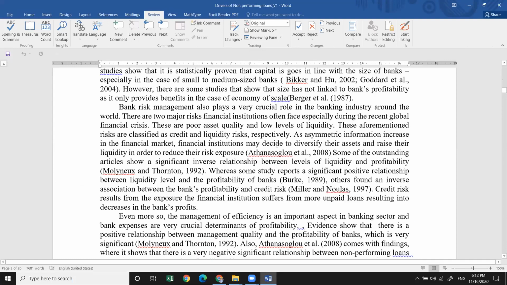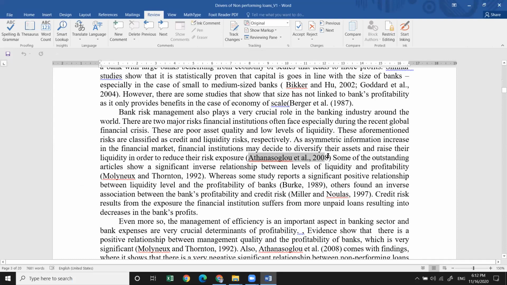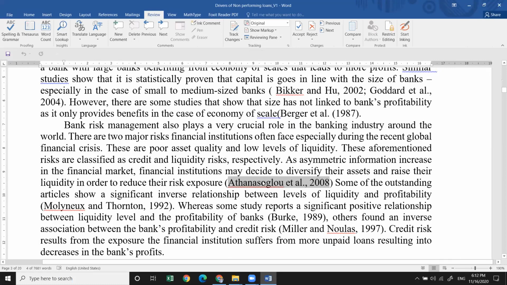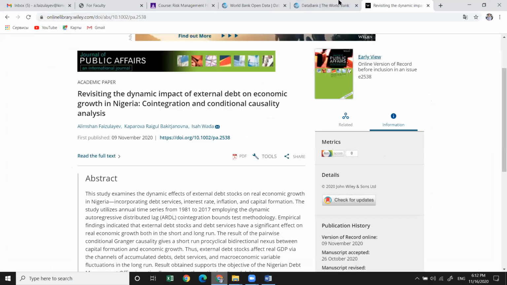Now, for example, can you see this author? This work is very good. It has been published by Elsevier in one of the really good journals. I used his work. I am giving the example of his work. So the same thing I'm expecting from somebody to use my work. The more my work is used, the better I will be. Same thing, for example, here, it was just recently published.